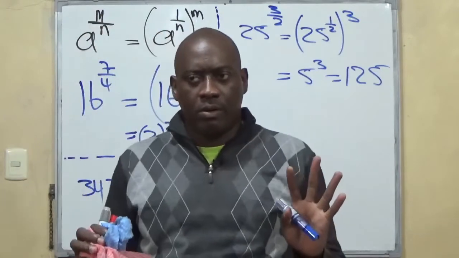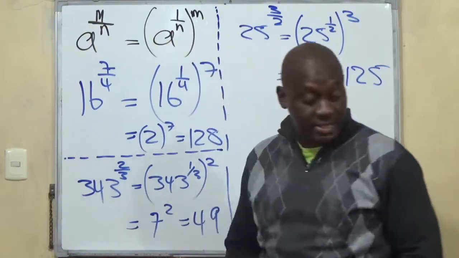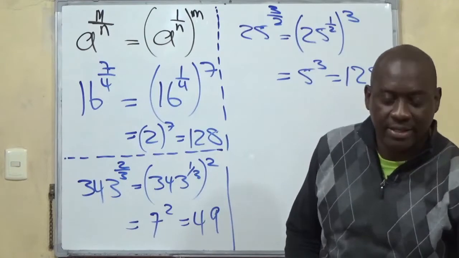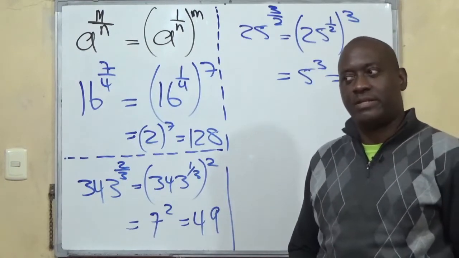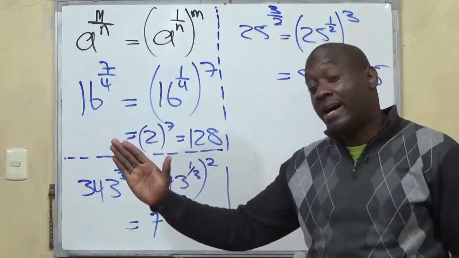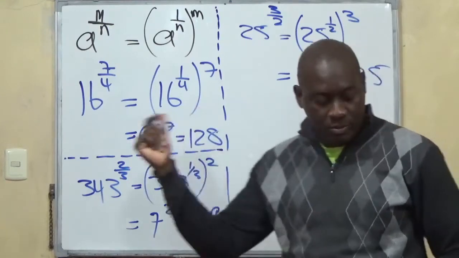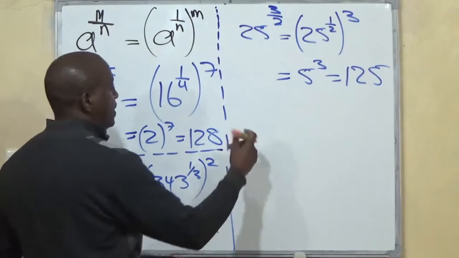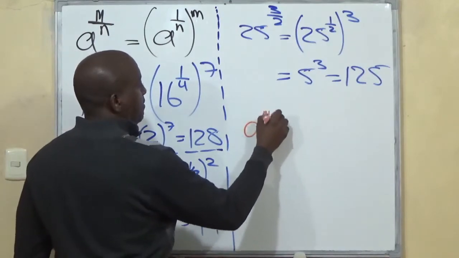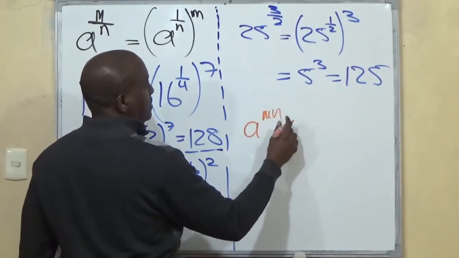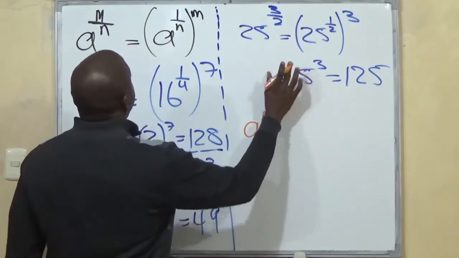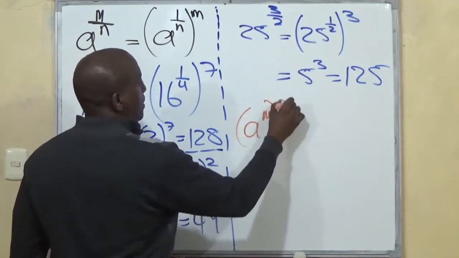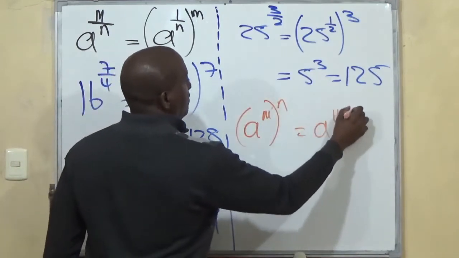So this, in case you didn't realize, is a simple variation of the last law we did, where we said that a to the power of m by n is equal to a to the power of mn.